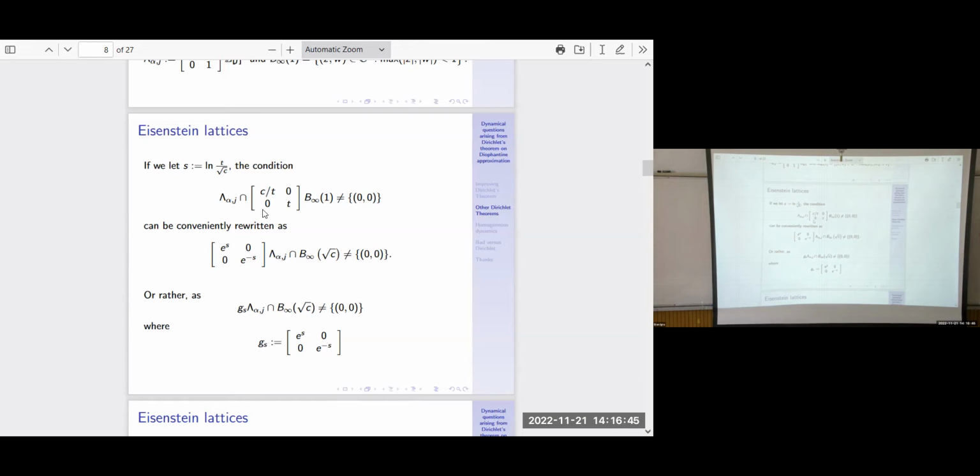So now we're dealing with an honest to God, just one sup norm ball in C2. Okay. And this thing I'm going to write g_s. So it's a diagonal, one parameter, non-compact diagonal. It's just this, e to the s, e to the minus s, as a real number. Okay.